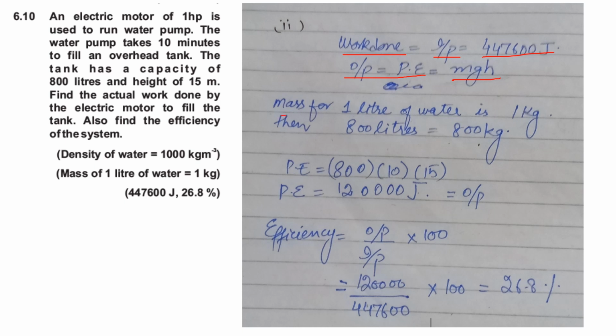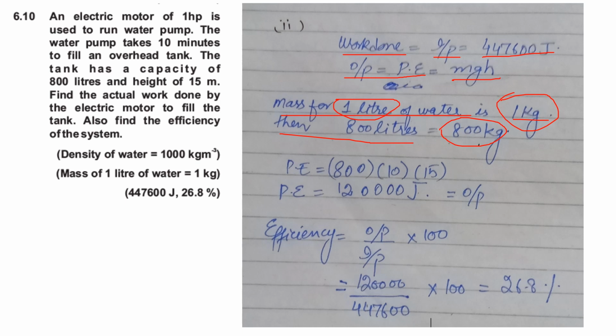So the mass of 1 liter of water is about 1 kg that is given to us. Then if there are 800 liters given in the problem, it means we multiply 800 with 1 kg and we will get 800 kg. So this is the mass for 800 liters, right?